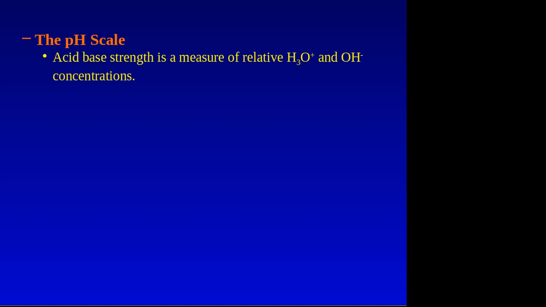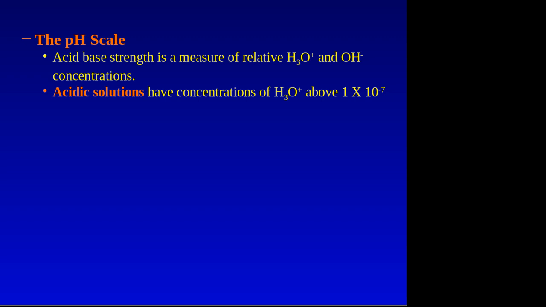Since the ions are breaking apart the solute into H3O positive and OH negative, you want to know the relative amounts of these. And so acidic solutions have concentrations of H3O plus above 1 times 10 to the negative 7th. So it's a small concentration, but it's above that.